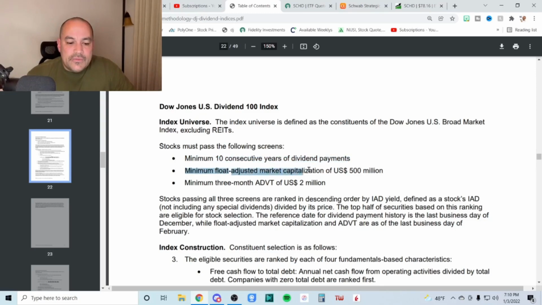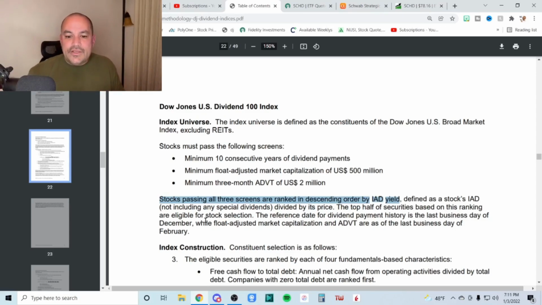Minimum float adjusted market cap of at least 500 million, so no micro cap companies in here. And the minimum 3-month average daily volume traded of US $2 million. So stocks passing all three of those screens are ranked in descending order by annual dividend yield, divided by its price. So the top half of those, based on that ranking, are eligible for stock selection.